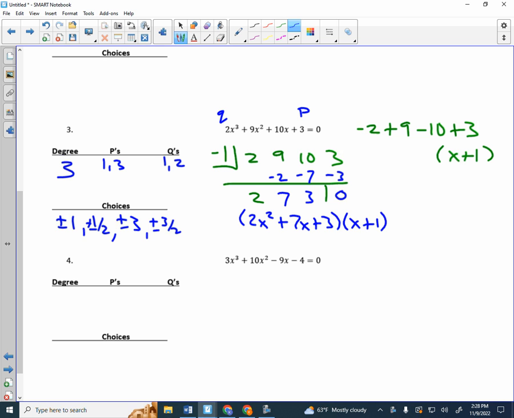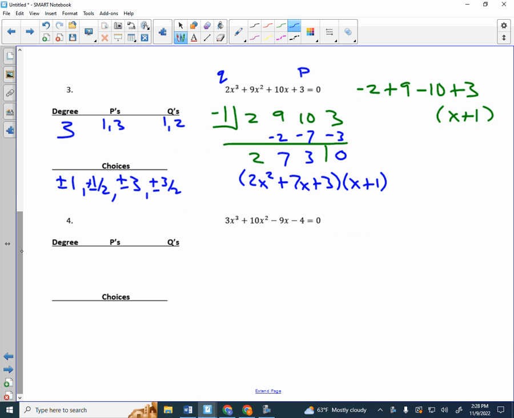That's the factoring. Now, I ask myself, does 2x squared plus 7x plus 3 factor? It does. We have a 2x and an x. And then is it going to be plus 3 and plus 1 or plus 1 and plus 3? Plus 1 and plus 3.